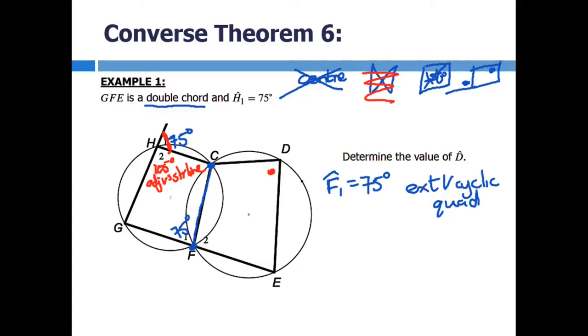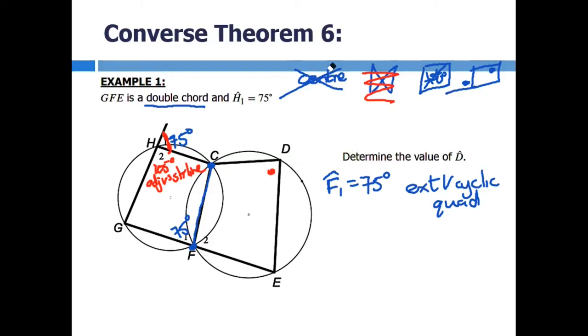And then I don't want to miss anybody's comments out. So Michelle said H1 is 75, therefore F1 is 75 straight away, yes. Zanel says F2 is 105, exterior angle of a cyclic quad, absolutely. And then you can go D because of opposite angles of a cyclic quad.